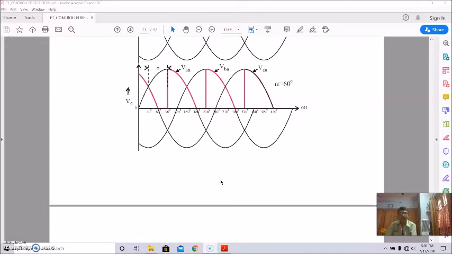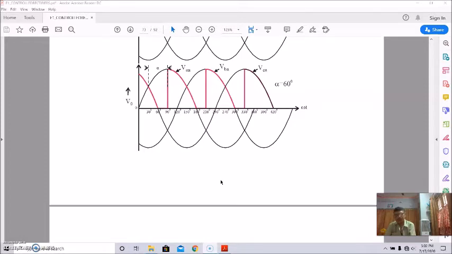With these discussions, we started the three-phase converters, their classifications, particularly half-wave converters like 3 pulse, 6 pulse, and for full-wave converters, 6 pulse and 12 pulse converters.